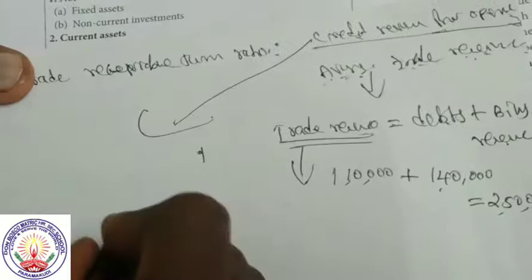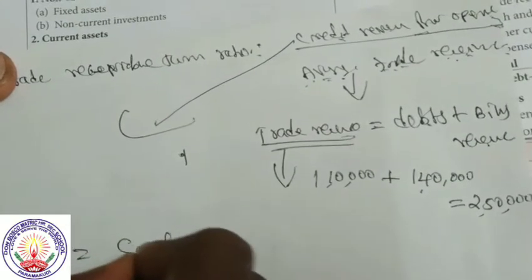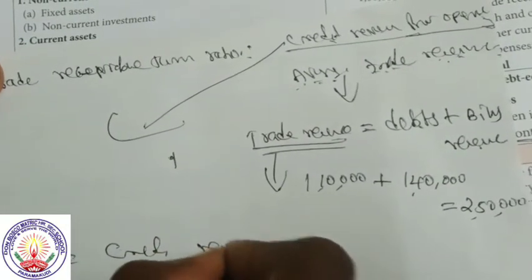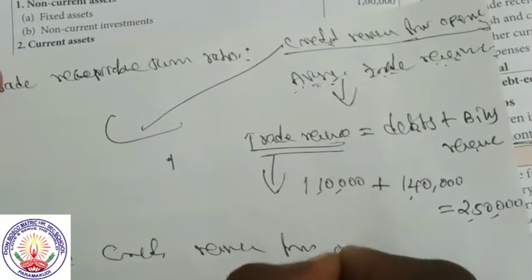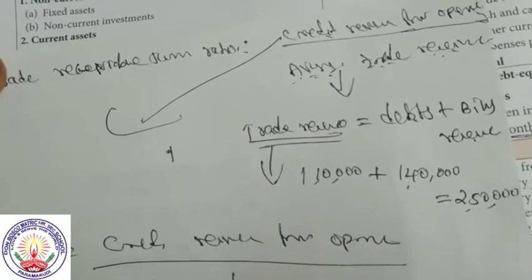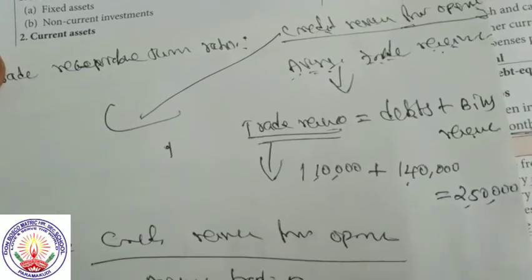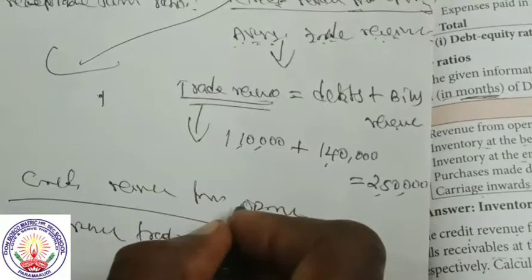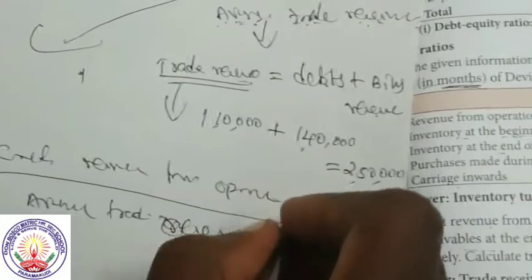Now find out the ratio. Credit revenue from operation divided by average trade receivables. Credit revenue from operation is 10 lakhs, directly given in the question.